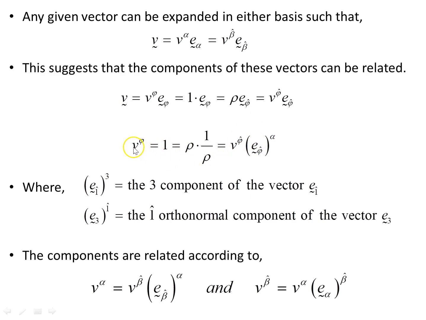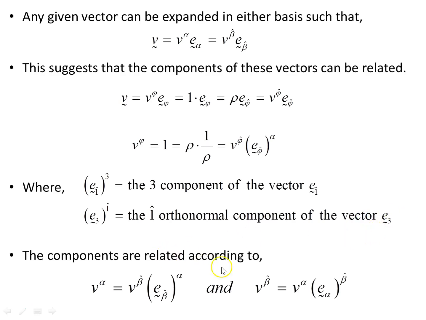So there's a relationship between the coordinate basis component here and the orthonormal basis components here. Now, how do we read this? e_1 hat with a 3 up in parentheses means the 3 component of the orthonormal basis vector e_1 hat. e_3 with 1 hat means the first orthonormal component of the coordinate basis vector e_3.